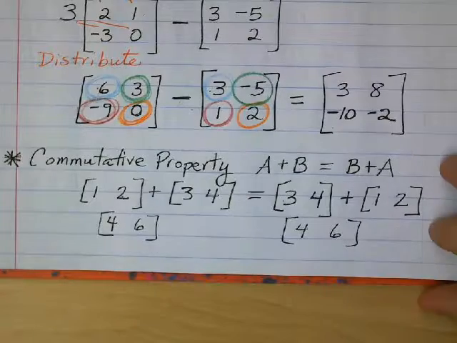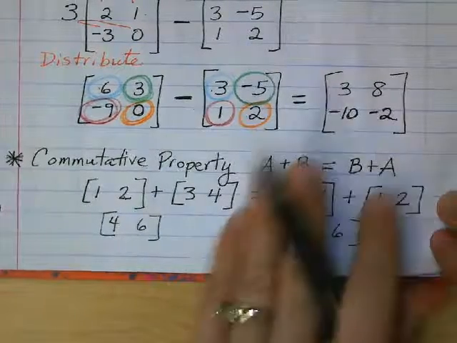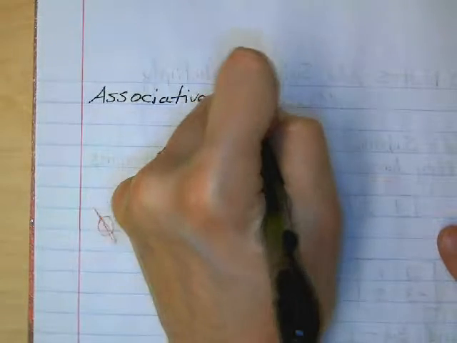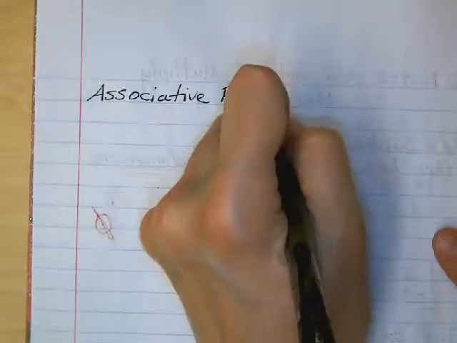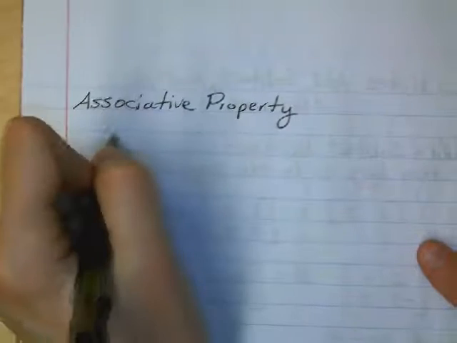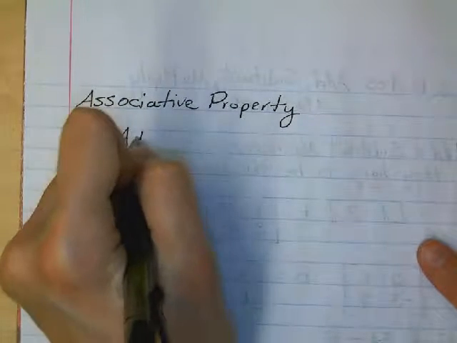Another property that works is called the associative property. And we showed the distributive property works, so you can use the distributive property with these things too. So the associative property also works with these matrices. And this one just groups things differently.